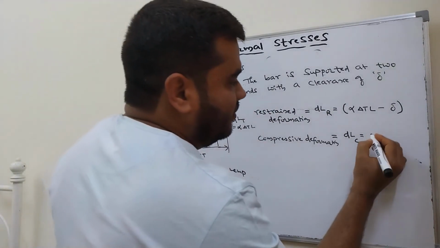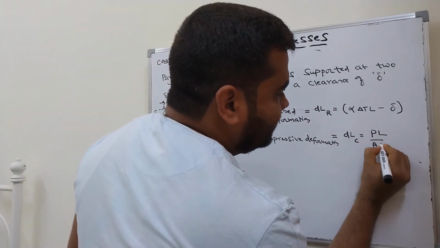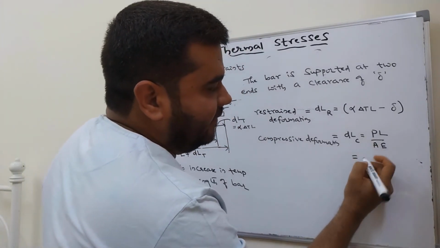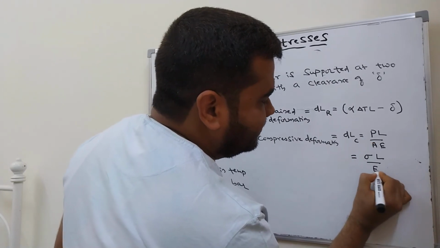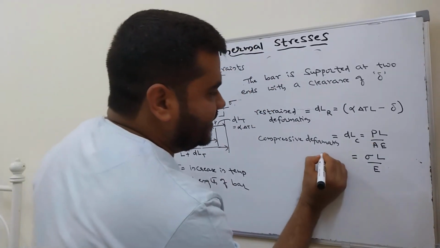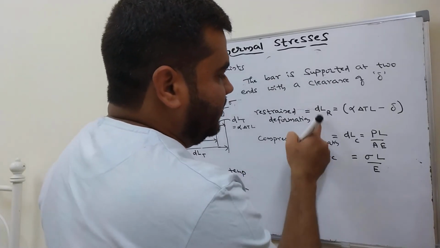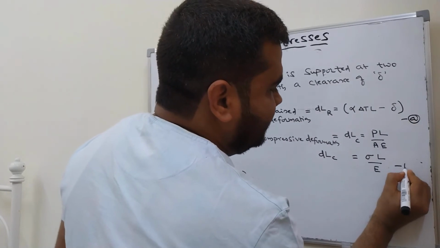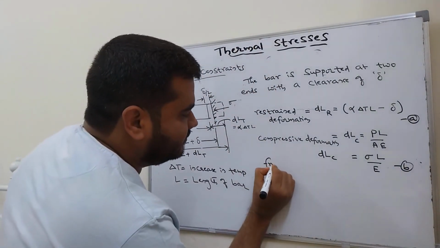What is the formula? PL by AE. What do you mean by P by A? It is stress into L divided by E. This is the compressive deformation. So equate A and B. This is A and this is B. Both are equal.